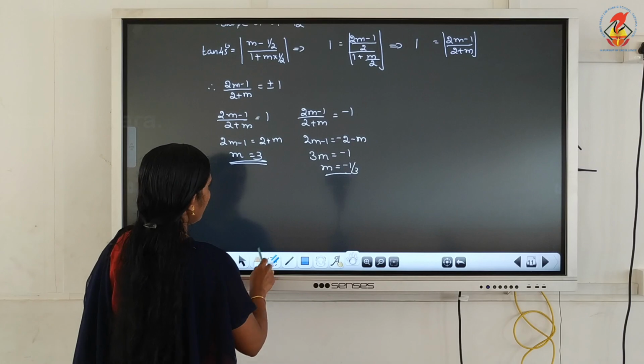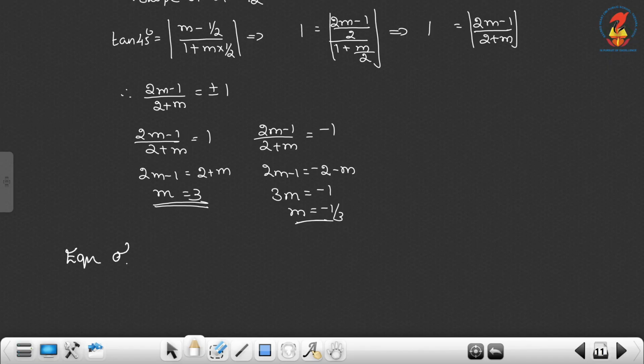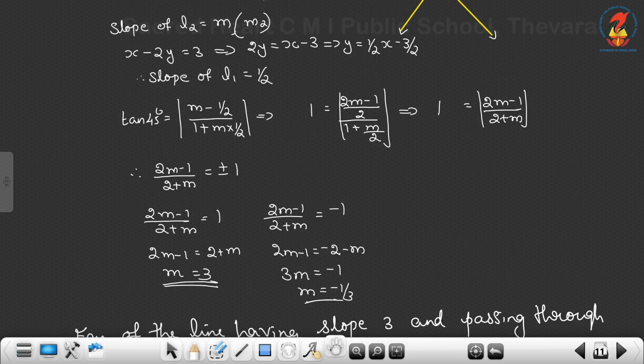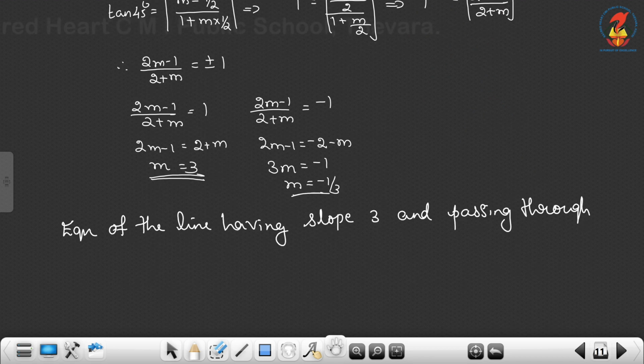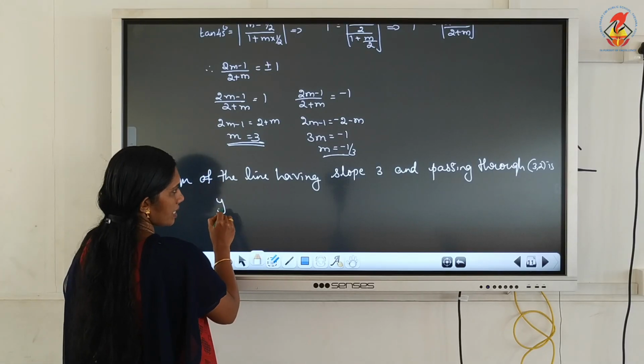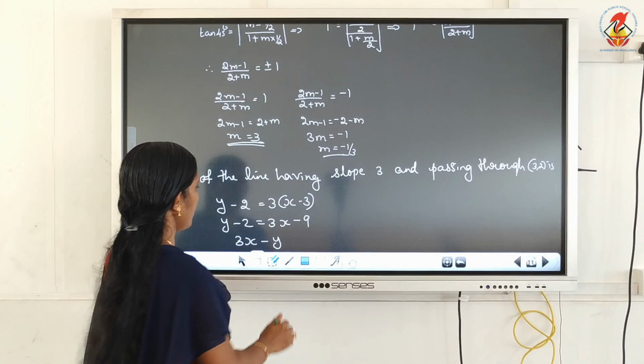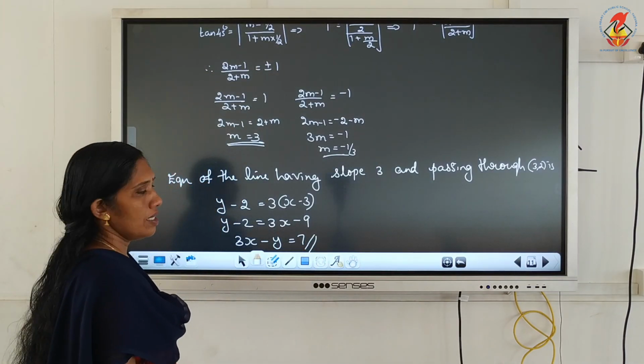So the equation of the line having slope 3 and passing through (3, 2) is, by the point slope form, y minus y0 is equal to slope into (x minus x0), or y minus 2 is equal to 3x minus 9, or 3x minus y is equal to 7, or 3x minus y minus 7 is equal to 0. Anyway, you can write it so. So this is the first one.